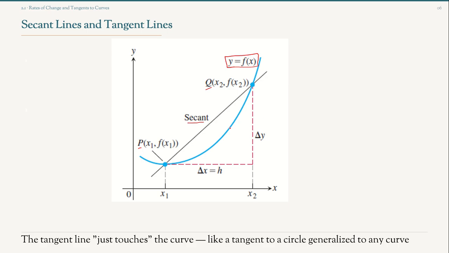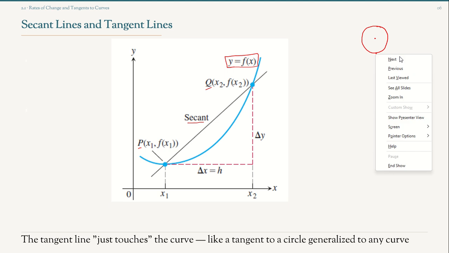That means basically if we draw a line which touches the graph. The best example for a tangent line is if we draw a circle, we know that at a point of a circle, we can draw only one tangent line, right?